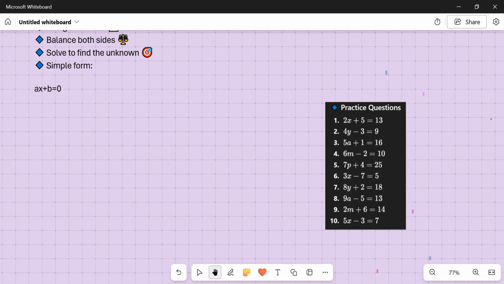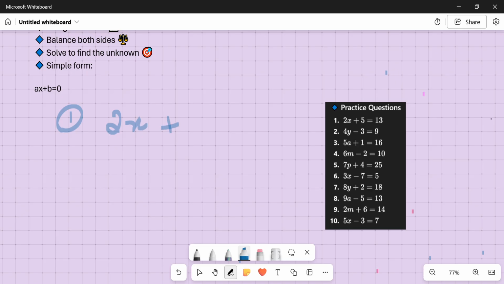So the first one, I'm solving the first one: 2x plus 5 equals 13. Basically, in this equation we need to find the value of x.